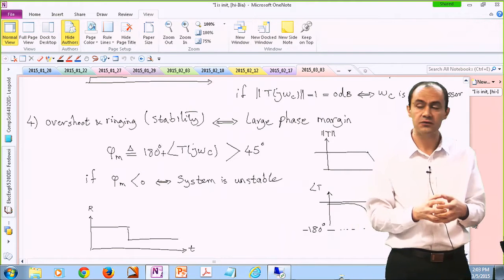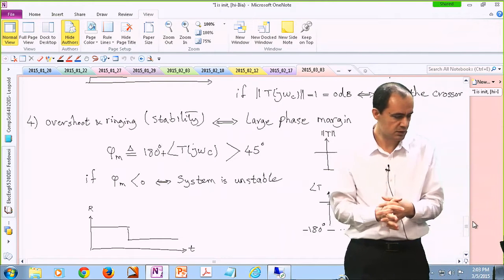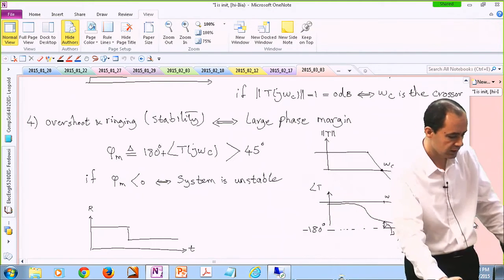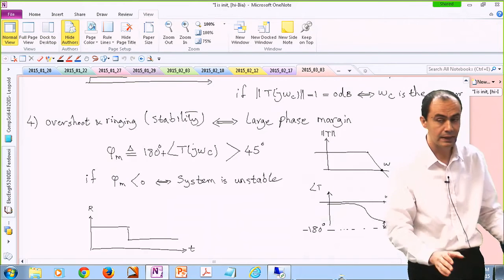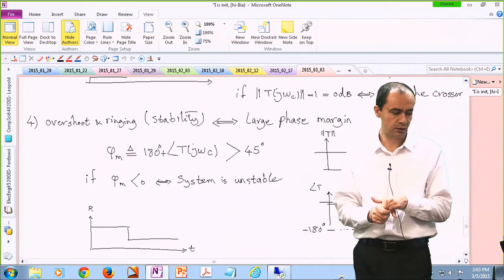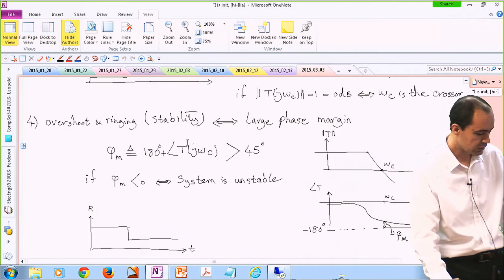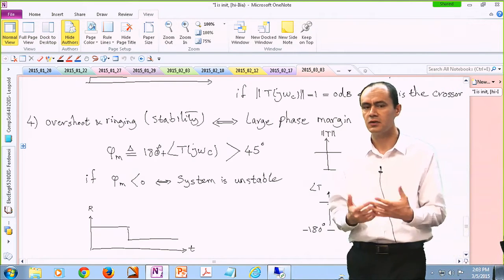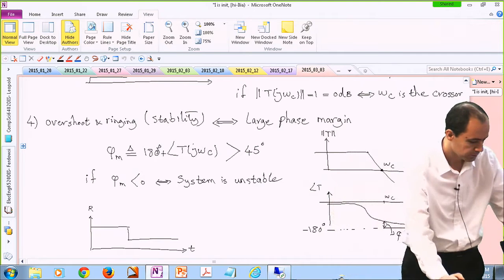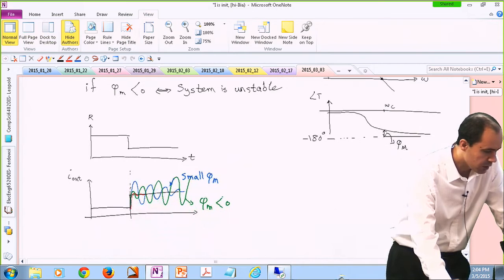The crossover frequency is defined when the magnitude is 1 or 0 dBs. And then the phase margin is how high you are with respect to the line negative 180 degrees. So phase margin is technically defined as: look at your phase angle at the crossover frequency, then add 180 degrees to it. If it is positive, you're stable, you're doing good. All right, so this is what we expect from our loop gain.